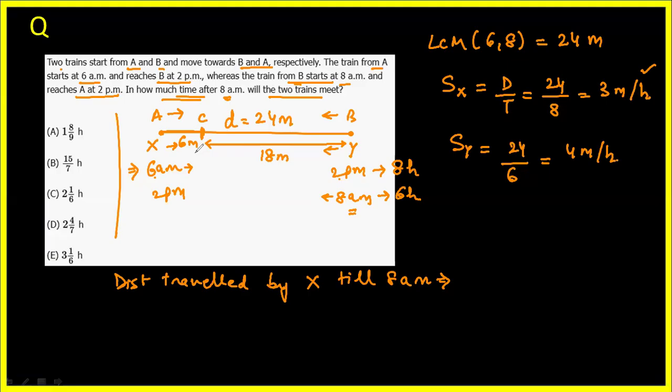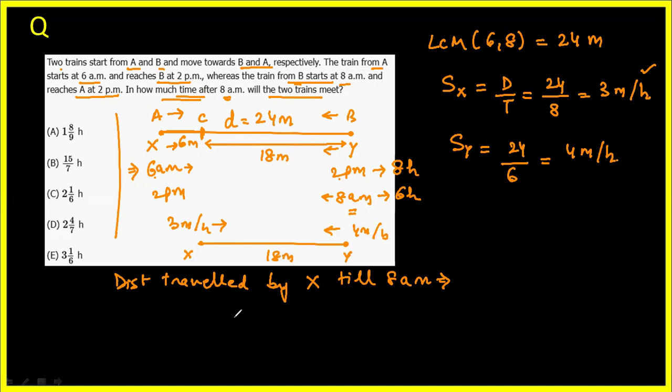They have to meet each other, so we use relative speed. Both trains are moving towards each other, and the distance between them is now 18 miles. X is traveling with a speed of 3 miles per hour and Y with a speed of 4 miles per hour, and the distance to be reduced is 18 miles.